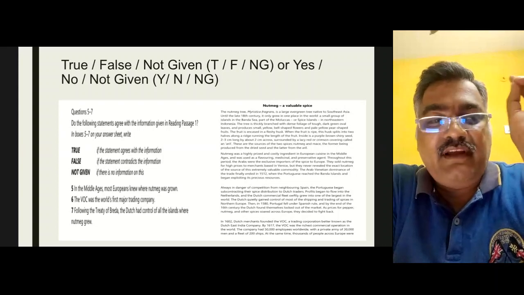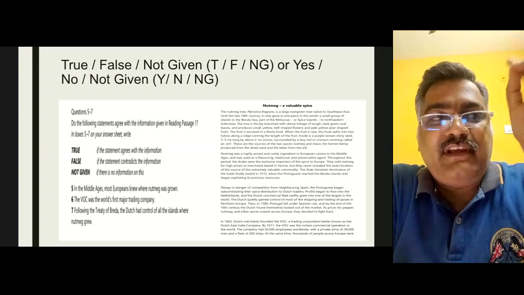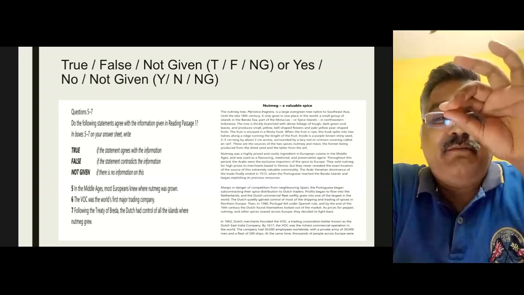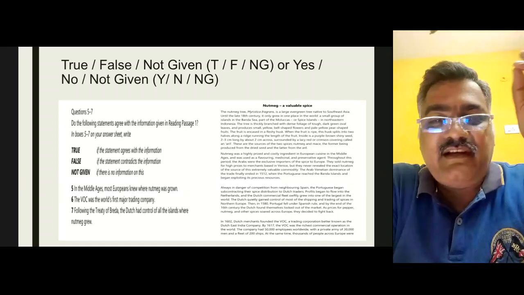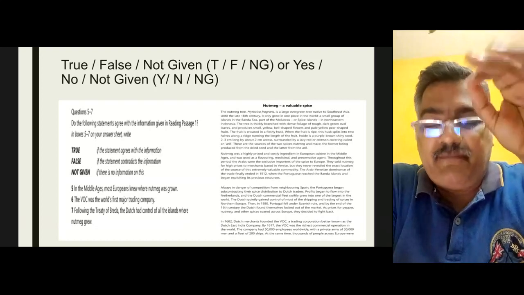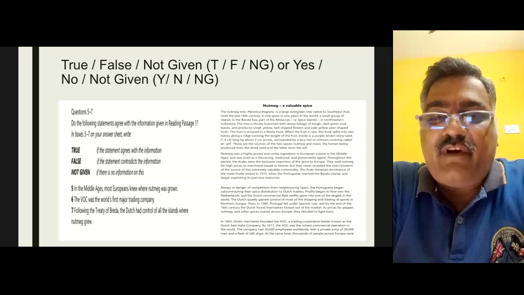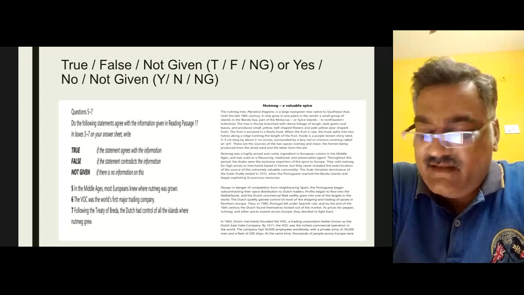As a simple example, the ink in the pen is blue is given in the passage, but in the statement it says that the ink in the pen is purple. Now, is it true or false? It's false, obviously. Correct.